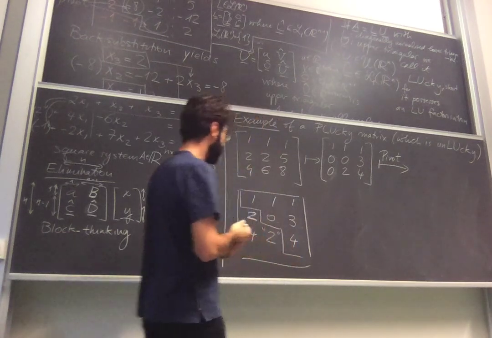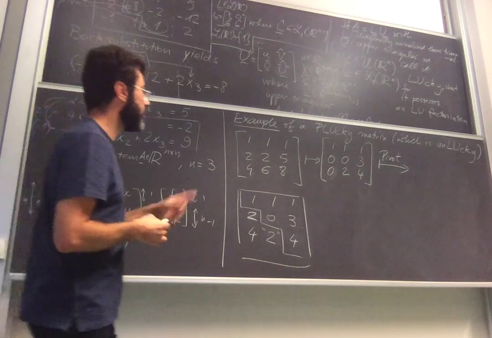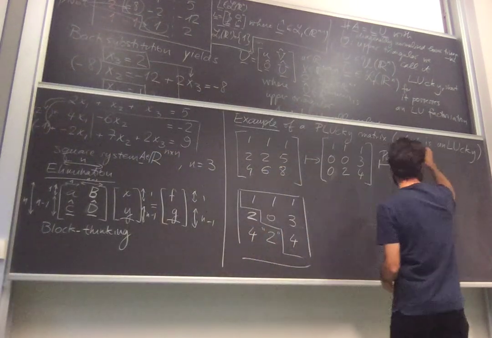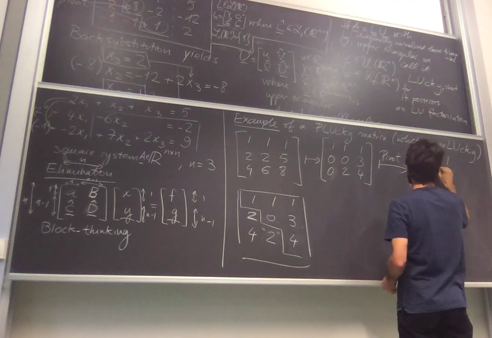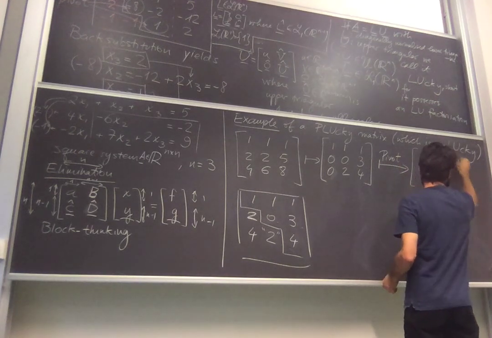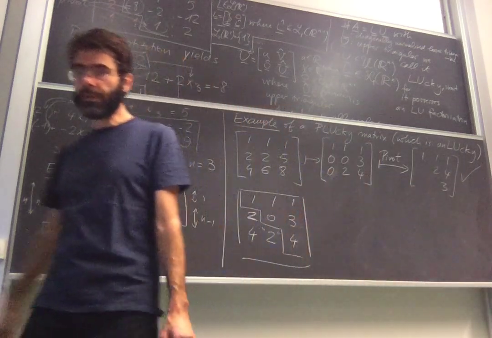Okay, good. So that's one case where things can go right. So we pivot and we end up having 1, 1, 2, 4, 3. Solvable, everybody's happy.